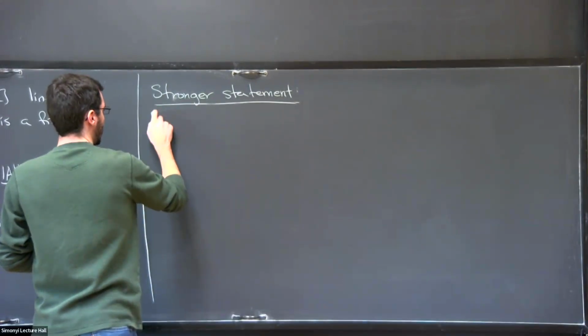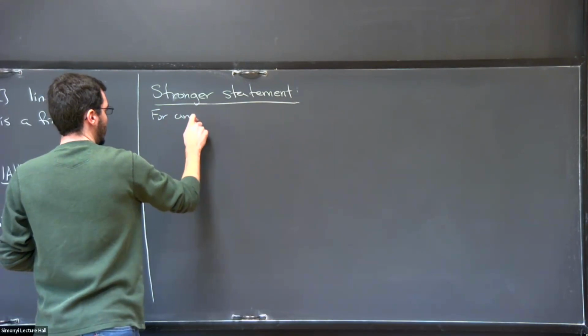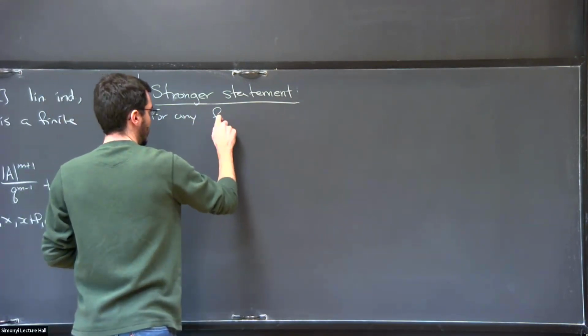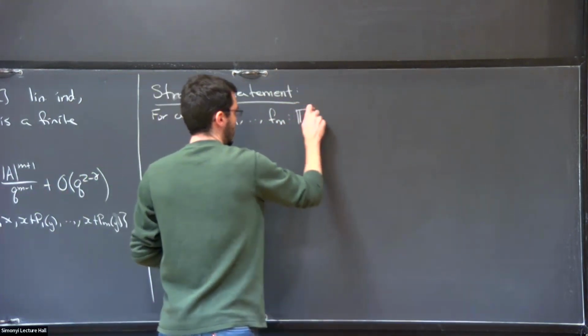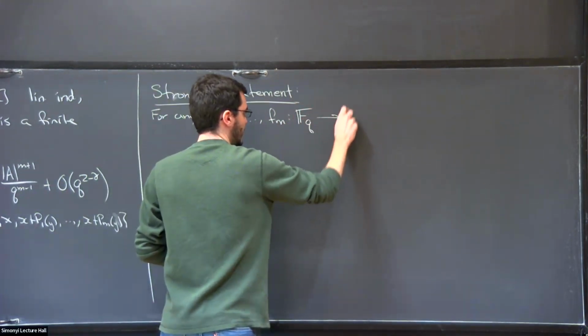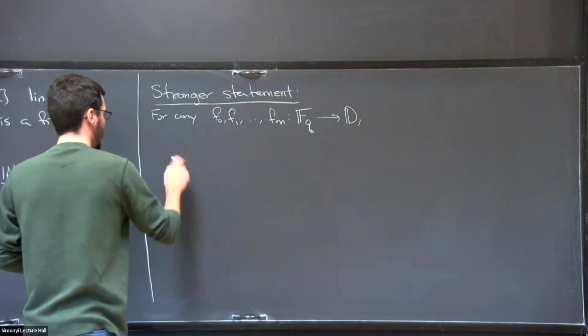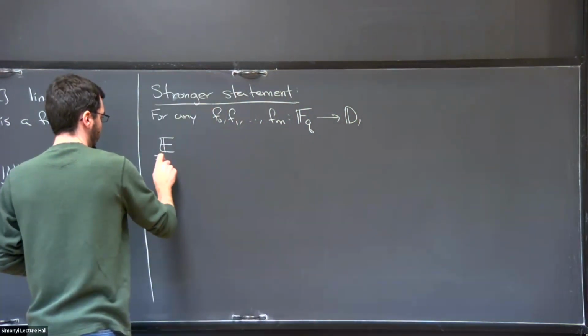Okay, so take any m+1 functions from this field to the unit disk. Look at the average.